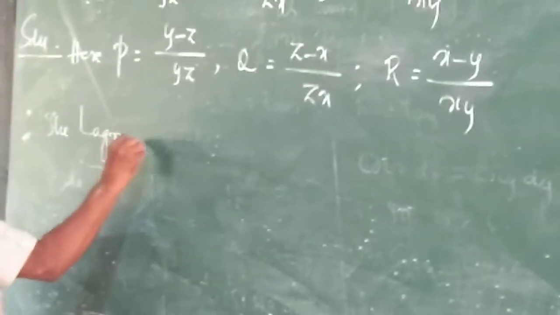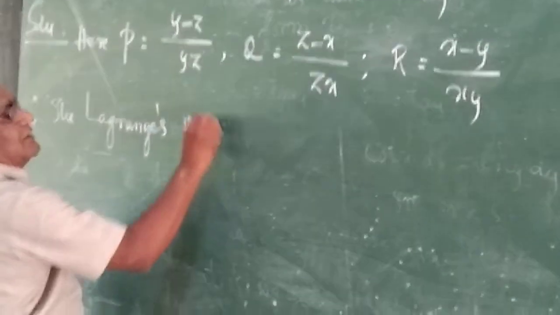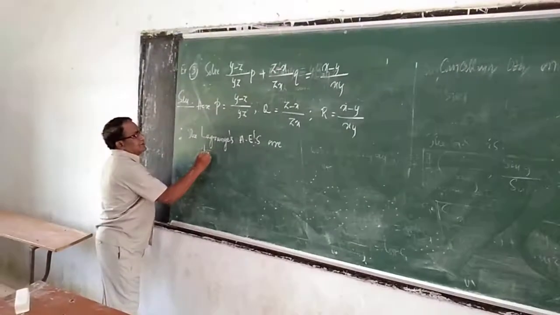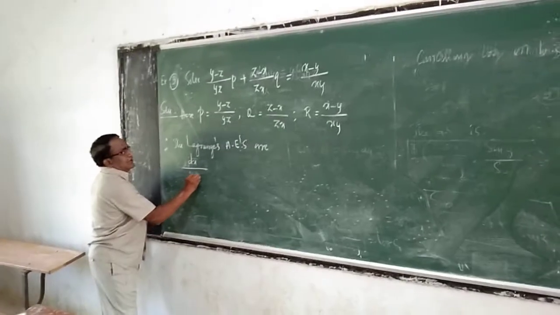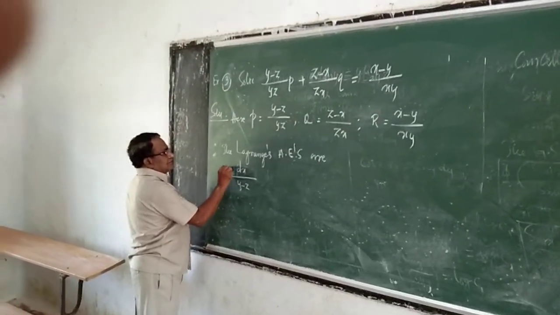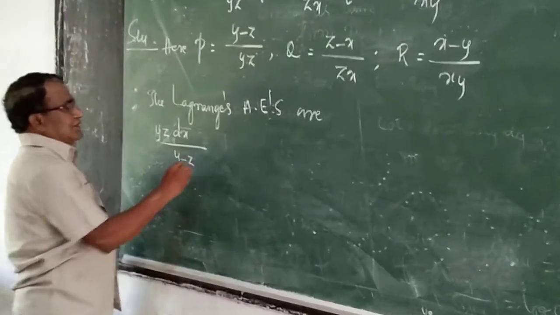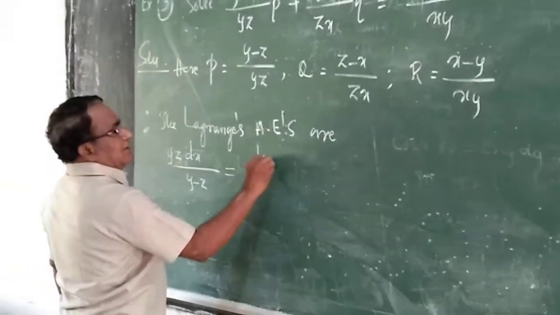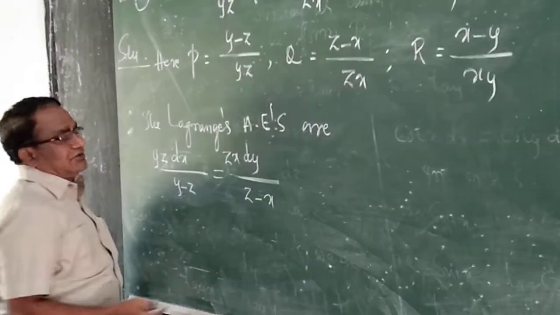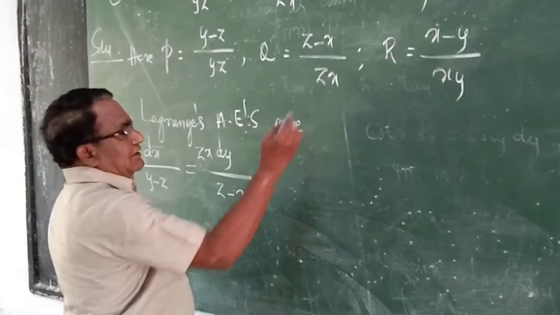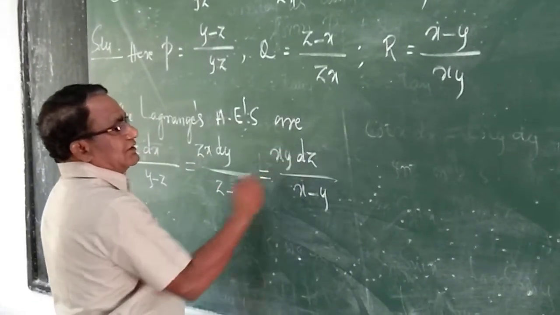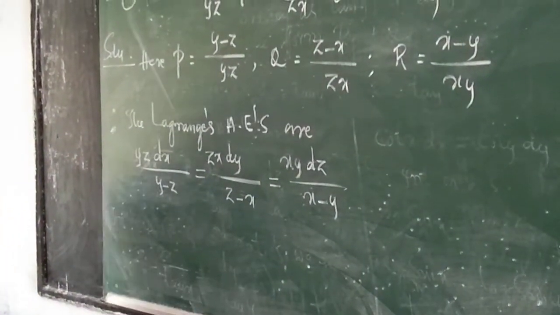The Lagrange's auxiliary equations are dx by P is (y minus z) divided by yz, where yz can be taken to the numerator, is equal to dy divided by Q, which is (z minus x) by zx, where zx can be taken to the numerator, is equal to dz divided by R, which is (x minus y) by xy, where xy can be taken to the numerator here.